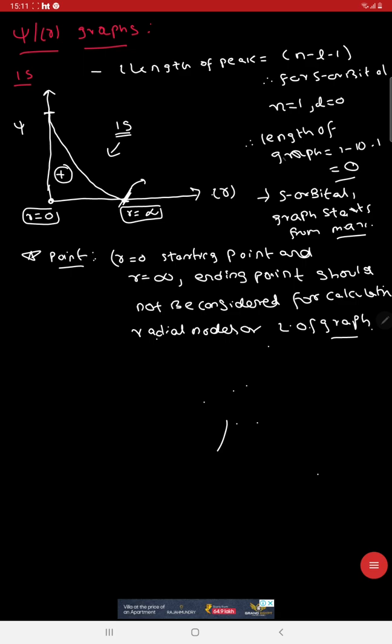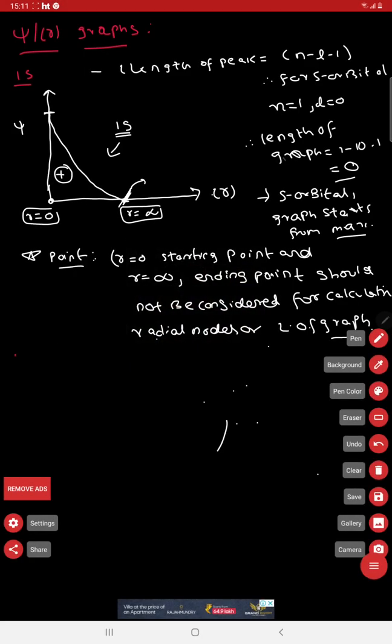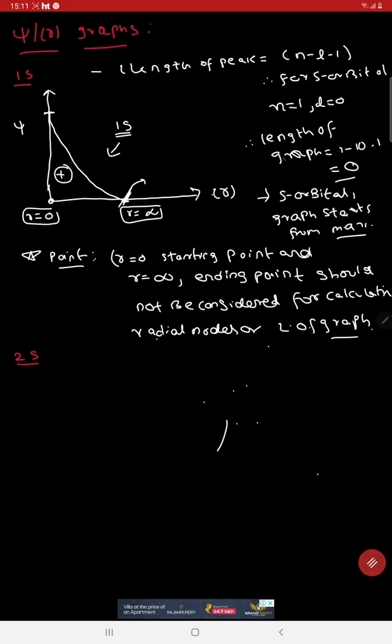Next one is the 2s graph. I am considering r equal to 0, and as it is a 2s orbital I am taking it from the maximum.